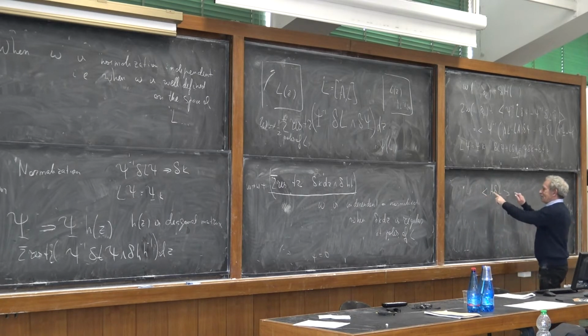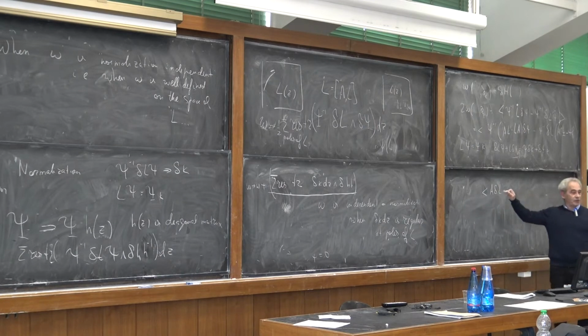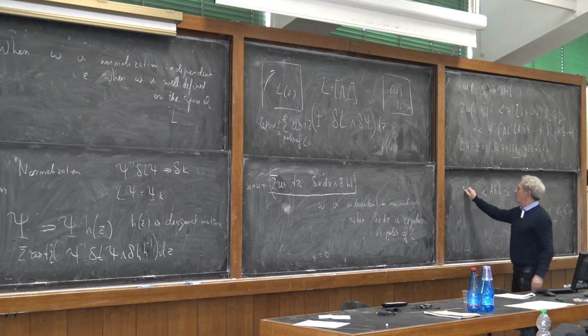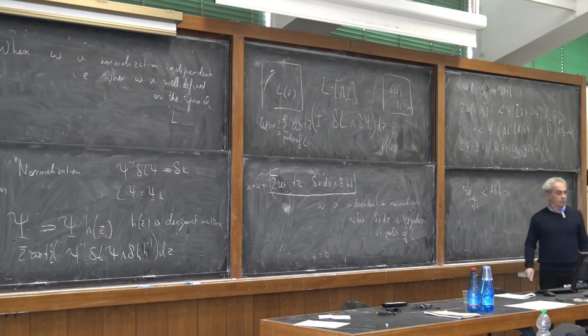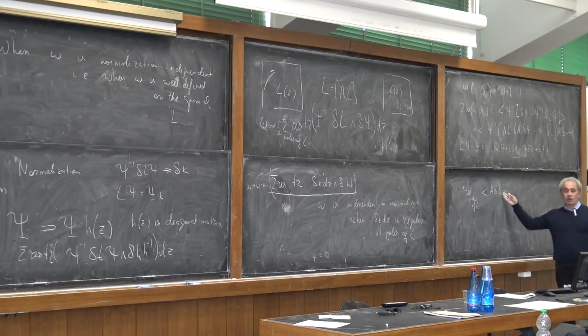This is the trace and sum of residues. It's the sum of residues over poles of L. This is a meromorphic expression. The sum of all residues is 0.